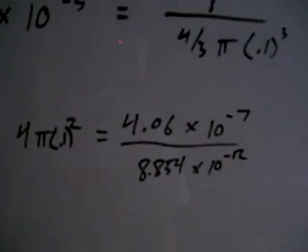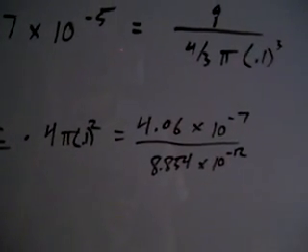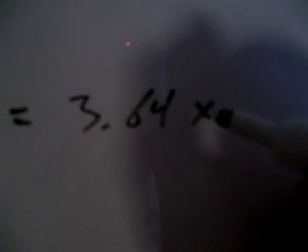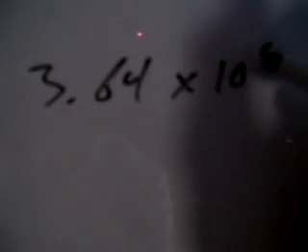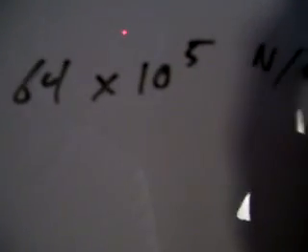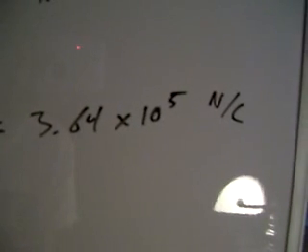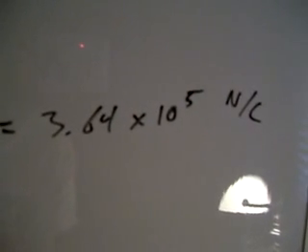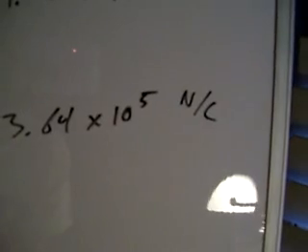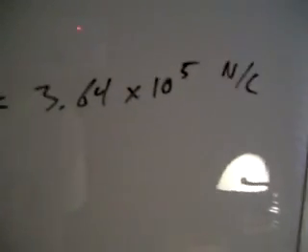So if you do all that multiplication and division, you come up with the electric field being 3.64 times 10 to the 5th newtons per coulomb. And that's going to be directed radially outward, as are all of the field vectors for the sphere.